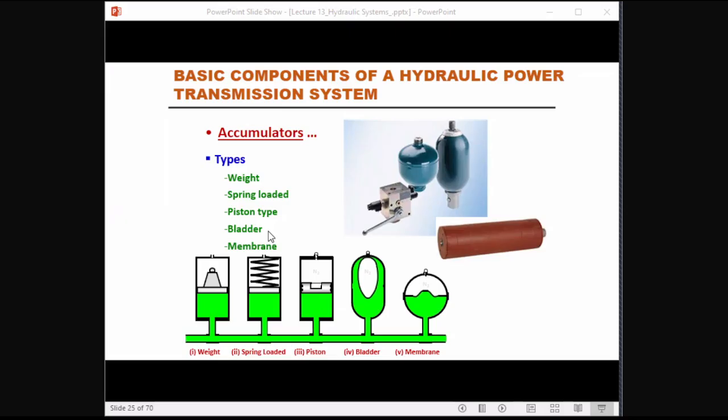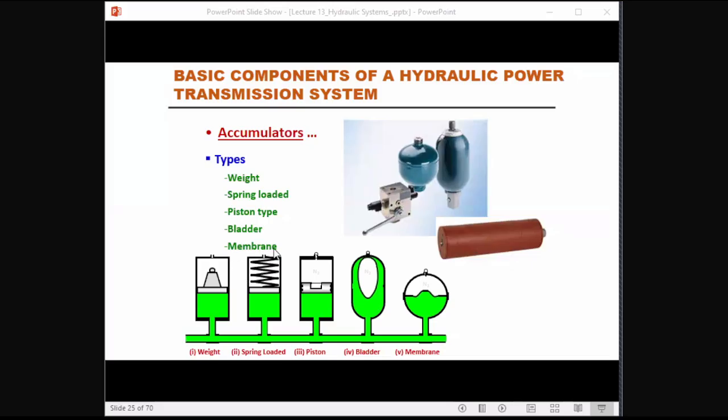Then membrane accumulators, sorry, little bit similar to the bladder accumulator. This one. Okay.